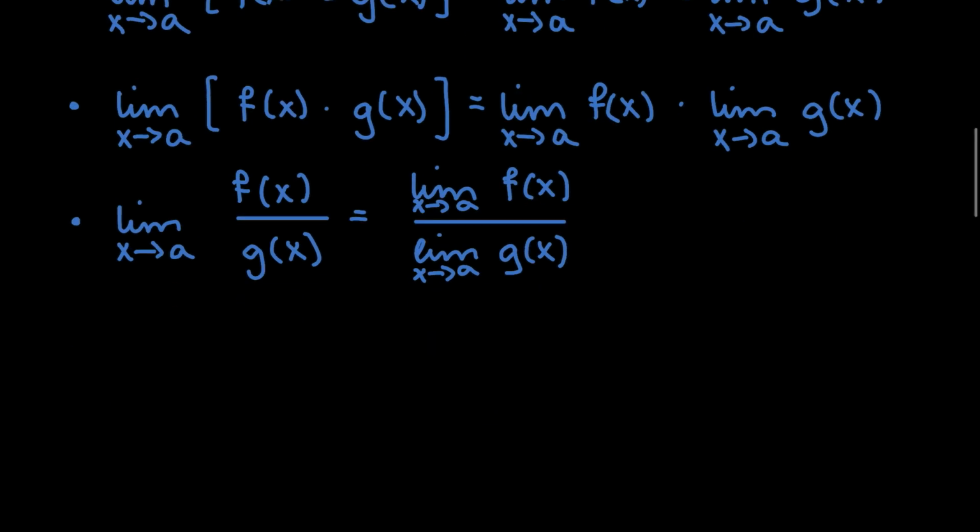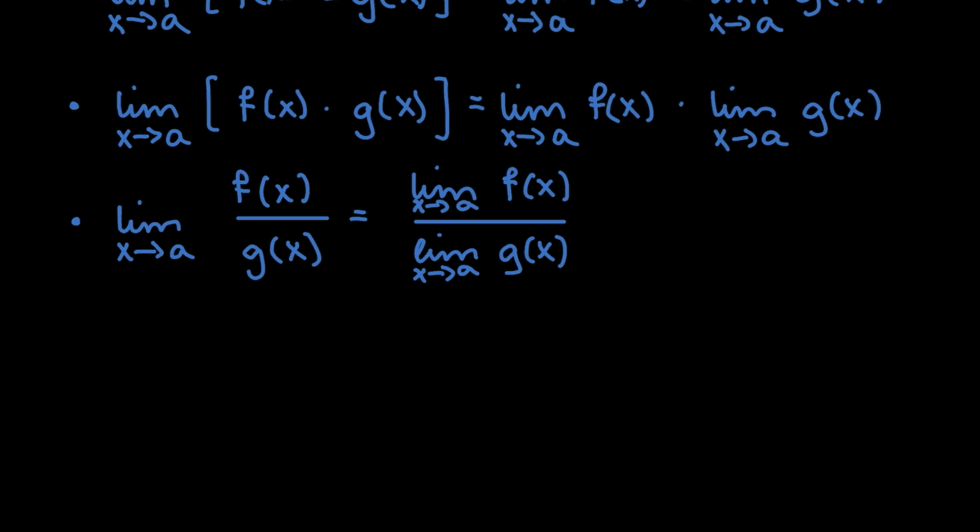And the same applies to division or fractions. The limit as x tends to a of f of x over g of x is equal to the limit as x tends to a of f of x over the limit as x tends to a of g of x.